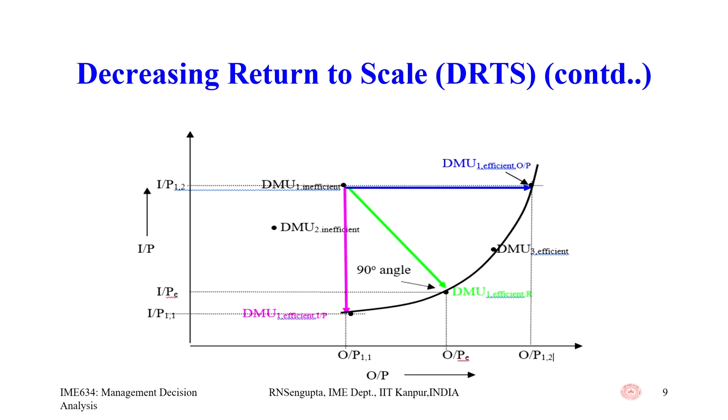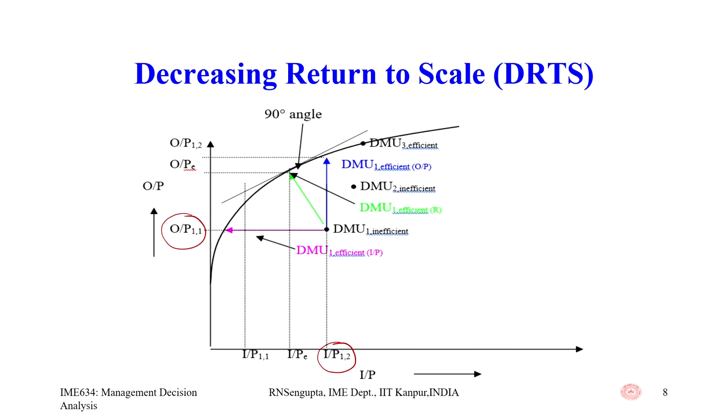Now, similarly, if I consider the decreasing return to scale, I have spent quite a lot of time explaining it, but there is one small change in the graph. In the graph we considered earlier, the outputs were all along the y axis and the inputs were all along the x axis.